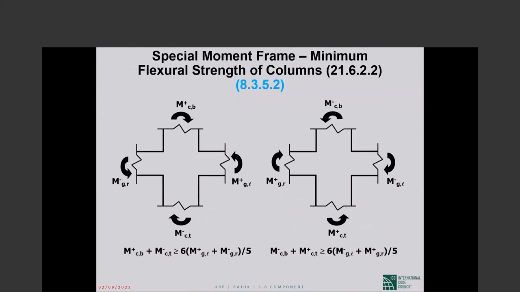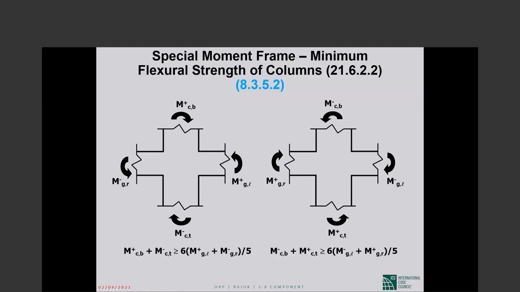Now, first thing I want to point out is if it is a 3D frame, the strong column weak beam requirement will be checked on the plane of the screen and then perpendicular to the screen. And then unless everything is symmetric, side sway to the right will not be the same as side sway to the left. So we are talking about 4 different checks potentially.